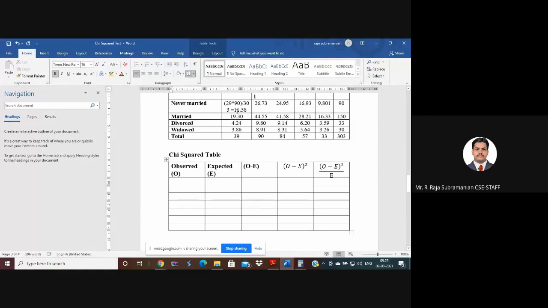Now these are the individual frequencies. We need to take all the frequencies one by one, so we can take them in this manner.